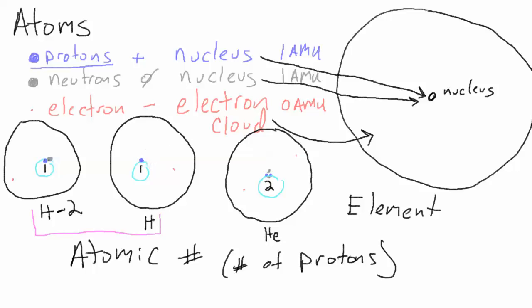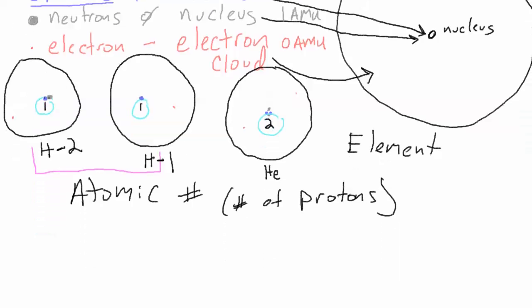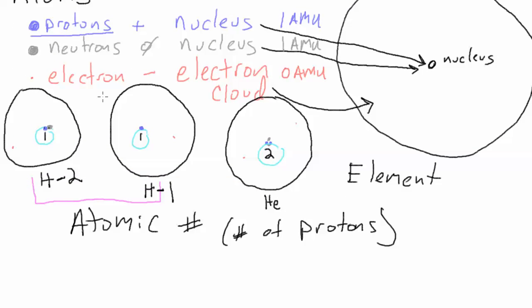But because it has no neutron with its proton, the mass of this atom is 1. So if we wanted to be very specific about the names of these two hydrogen atoms, we would call this first one hydrogen 2, and we would call the second one hydrogen 1. And because their masses are different, but their number of protons are the same, we'd call them isotopes.